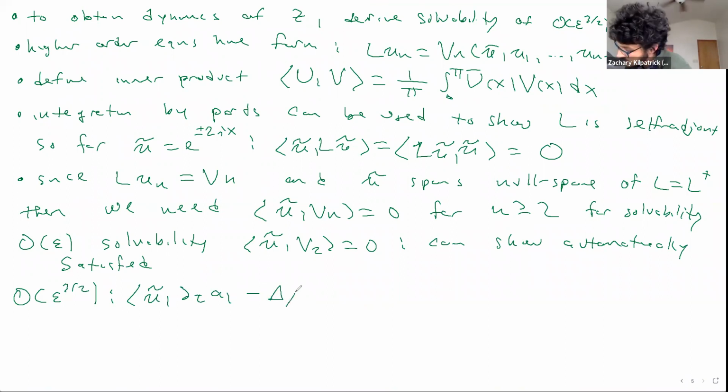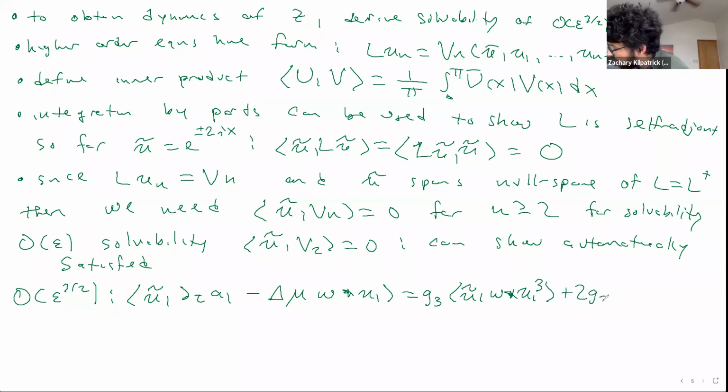So we get dt A1 minus delta mu W convolved with U1 is equal to G3 U tilde W convolved with U1 cubed plus 2G2 U tilde W convolved with U1 U2.